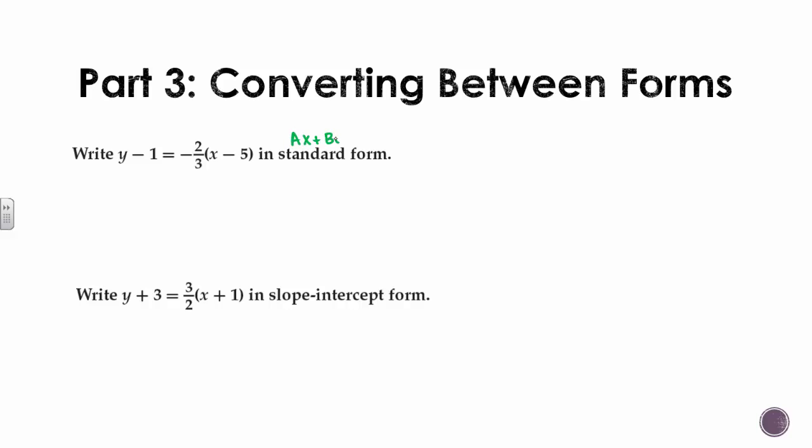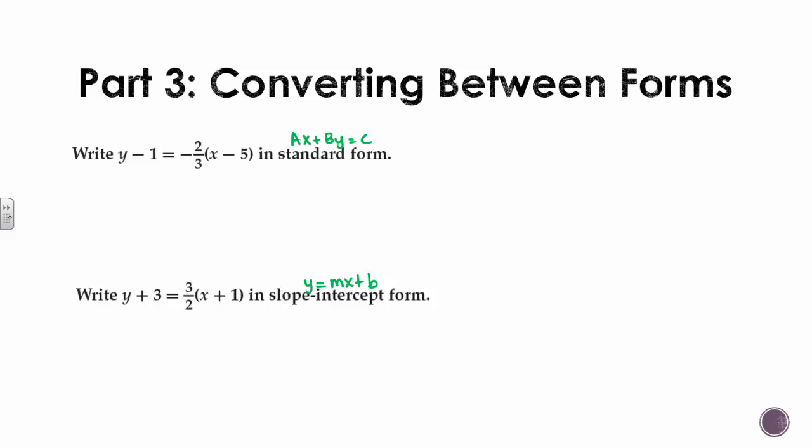This one needs to look like this, and this one needs to look like this. So let's start with the top one. In order to get it in standard form, I cannot have parentheses, I cannot have fractions, and my x's and y's need to be on the left, where all my numbers need to be on the right. So there's a lot of work that needs to be done here.